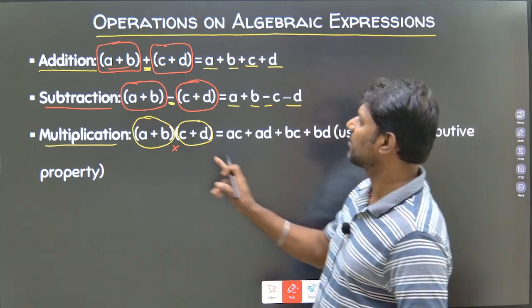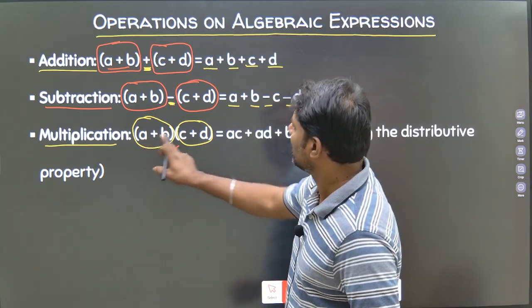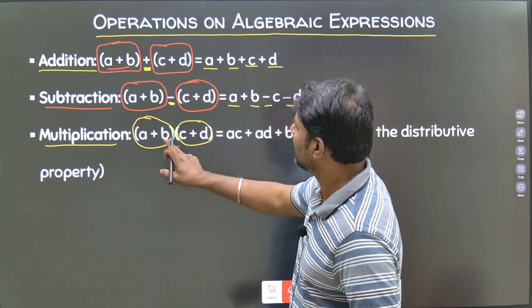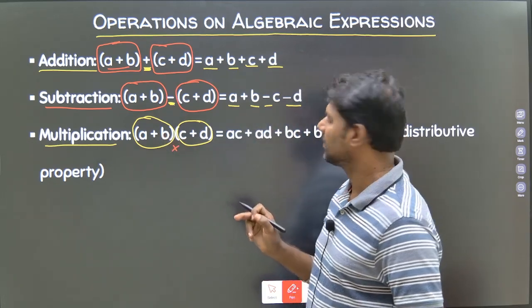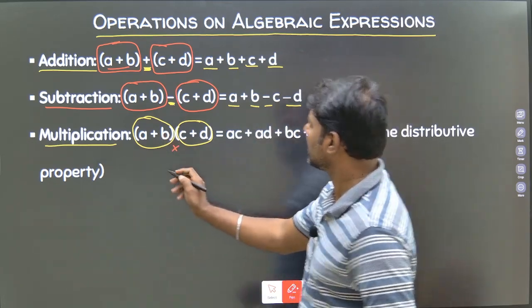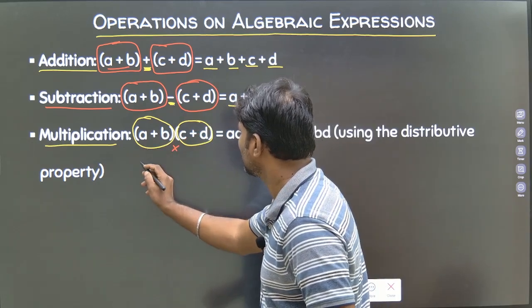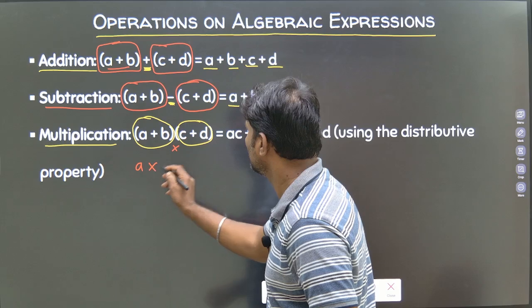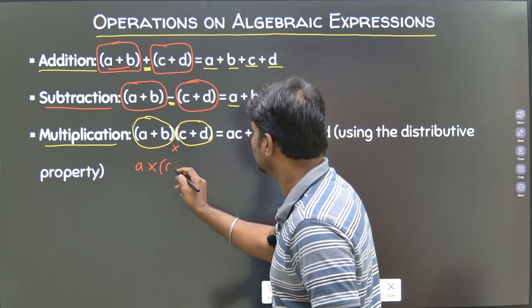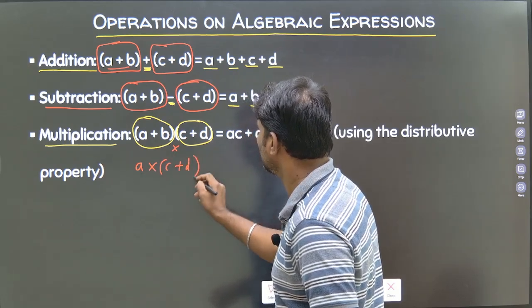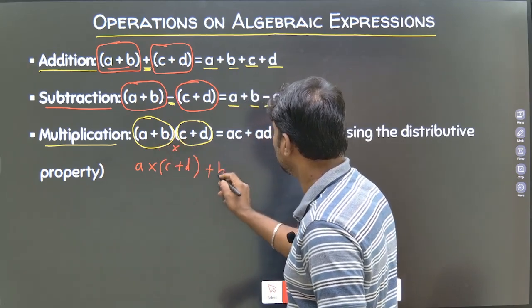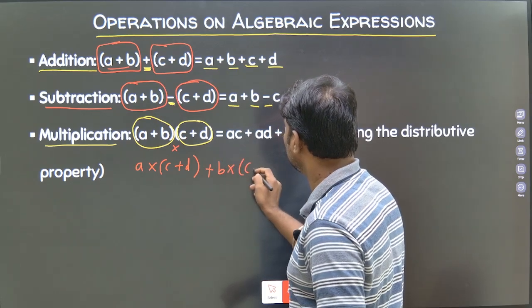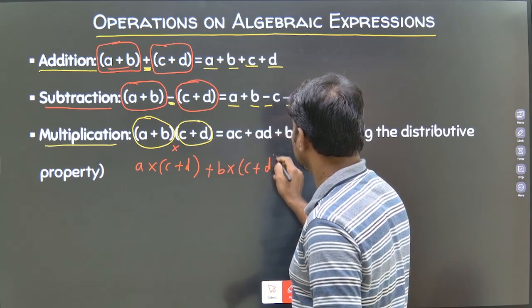So we have to multiply this bracket with A plus this bracket with B. Okay. So the same thing is written. So how can we write? A into this bracket C plus D, this plus symbol as it is, then B into C plus D.